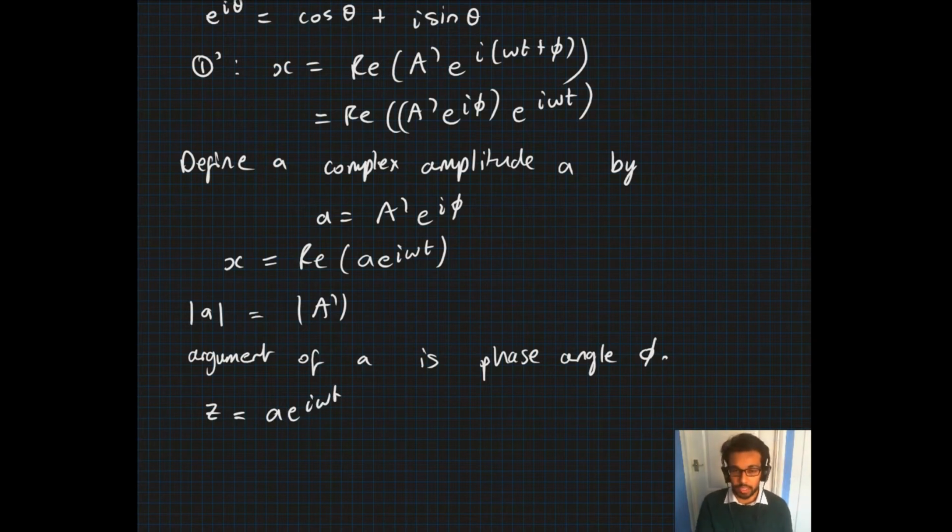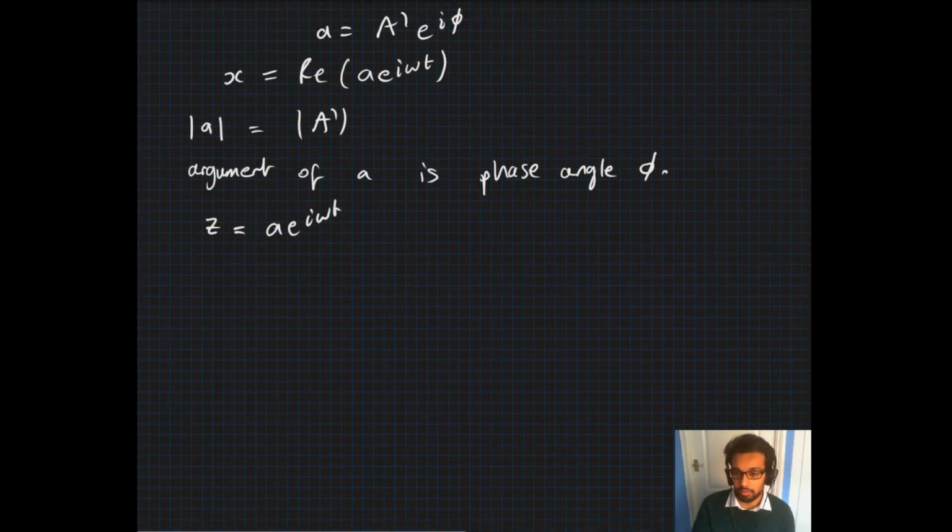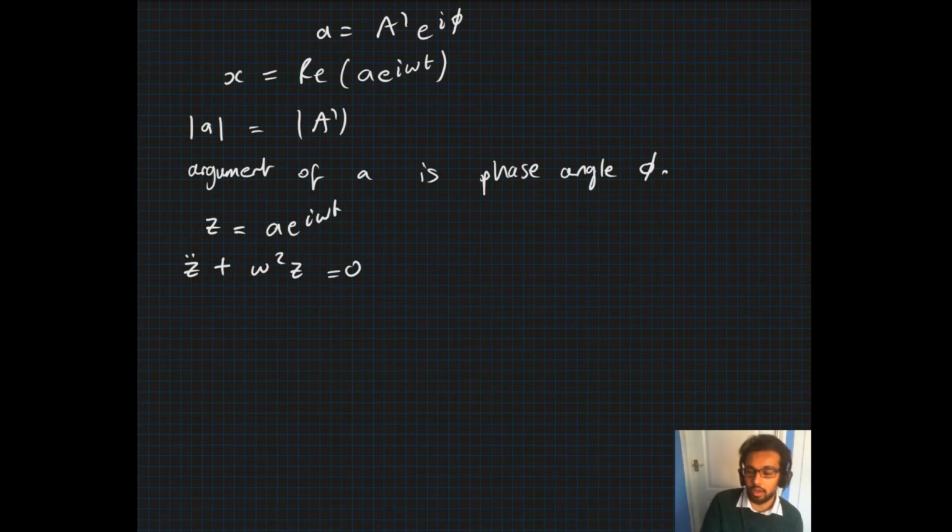And in fact, this complex quantity itself is actually a solution of the following equation. So z double dot plus omega squared z equals 0, which is the same as the simple harmonic motion equation that we had originally, but we've just replaced the x's with z's, which can be in general complex, whereas the x's are all real.